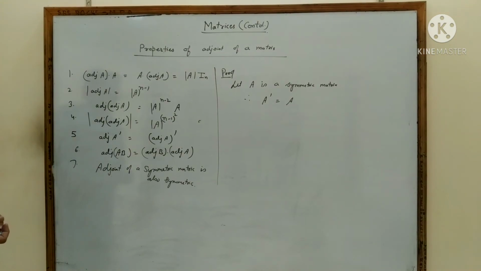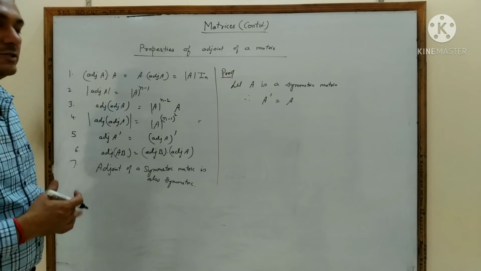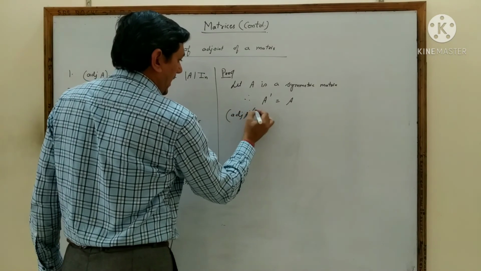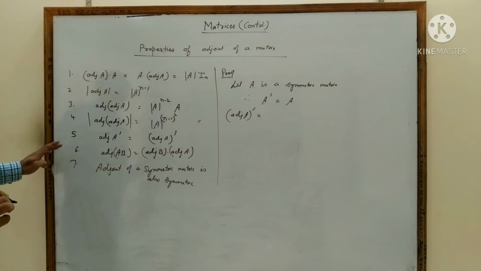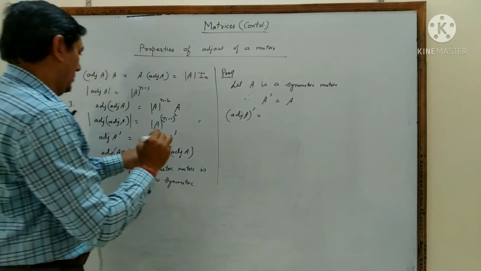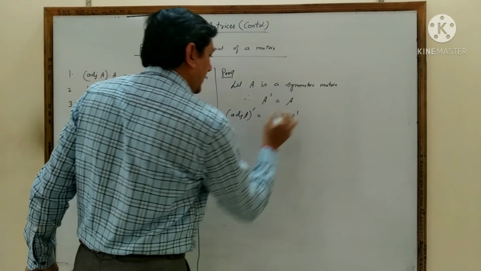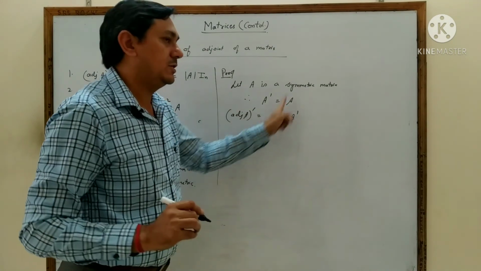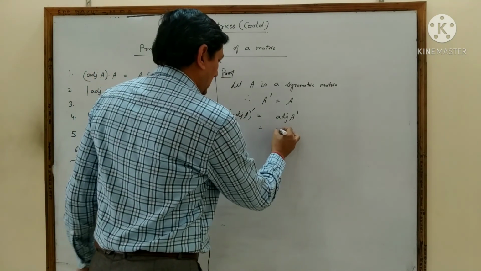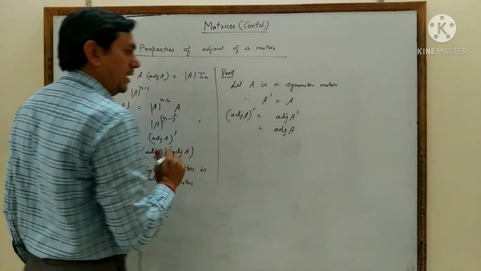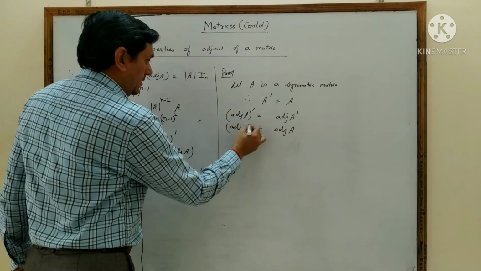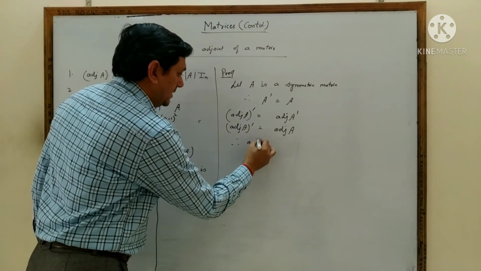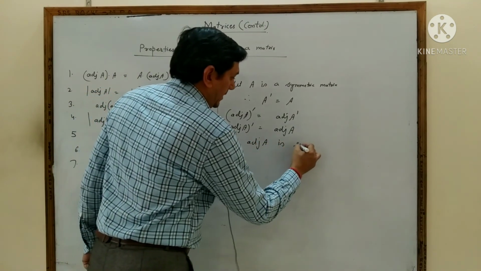Now what you have to prove is that the transpose of adjoint of A is equal to adjoint of A. Using the property mentioned at 5, you can write the transpose of adjoint of A is equal to adjoint of the transpose of A. Now we have mentioned that A dash is equal to A. So we come to the conclusion that the transpose of adjoint of A is equal to adjoint of A. Therefore, we can say that adjoint of A is a symmetric matrix.